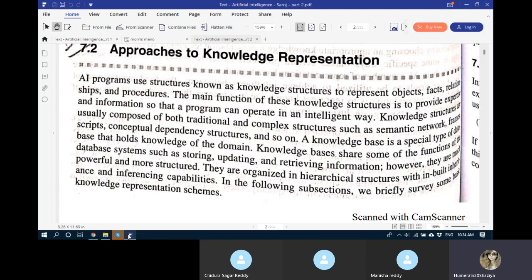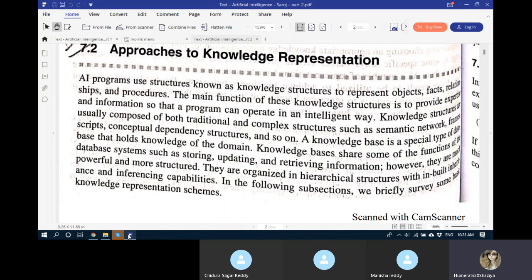Fact means somebody is mother of someone, and really those are relationships. Facts may be that the earth is round and it revolves. Those facts we can represent, and you can represent relationships like mother, daughter, grandmother.